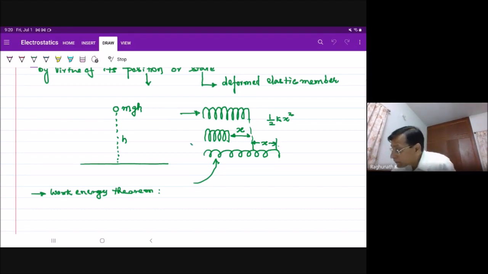If it is deformed, it will have potential energy half kx squared. To deform, we need to perform work. Work done is always equal to energy. That is basically the work energy theorem. It either gets stored as kinetic energy or potential energy, or in some cases both. Some part of it is kinetic energy, some part of it can be potential energy. When it is potential energy, please understand now.